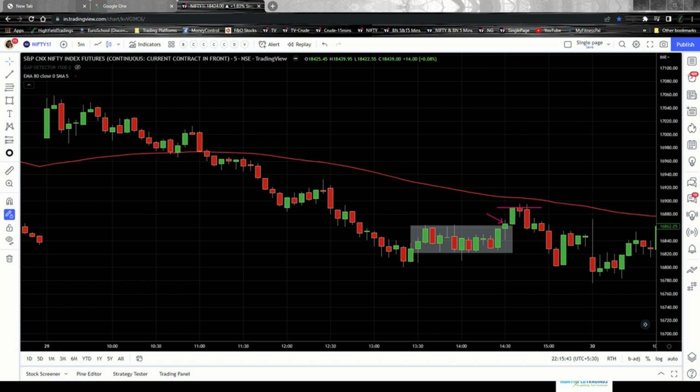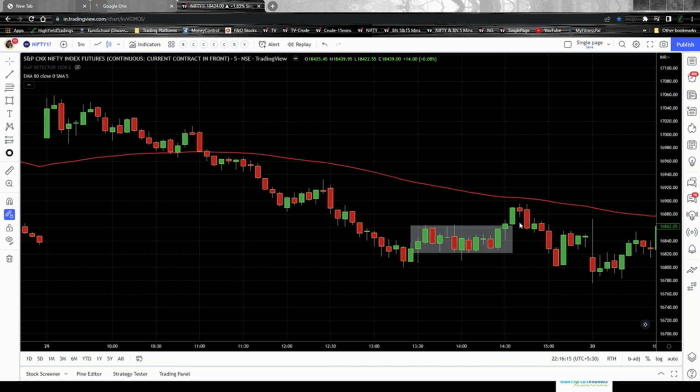Rather, what you would have done is, when you see that the breakout has happened here as a price action trader, and the next candle is also a green candle, and there is a resistance sitting right above this green candle, you would have never dared to initiate a buy position. What you would have rather done is, you would have waited to see if the 80 EMA is working as a resistance or not. If it is working as a resistance, then you would have rather shorted Nifty.